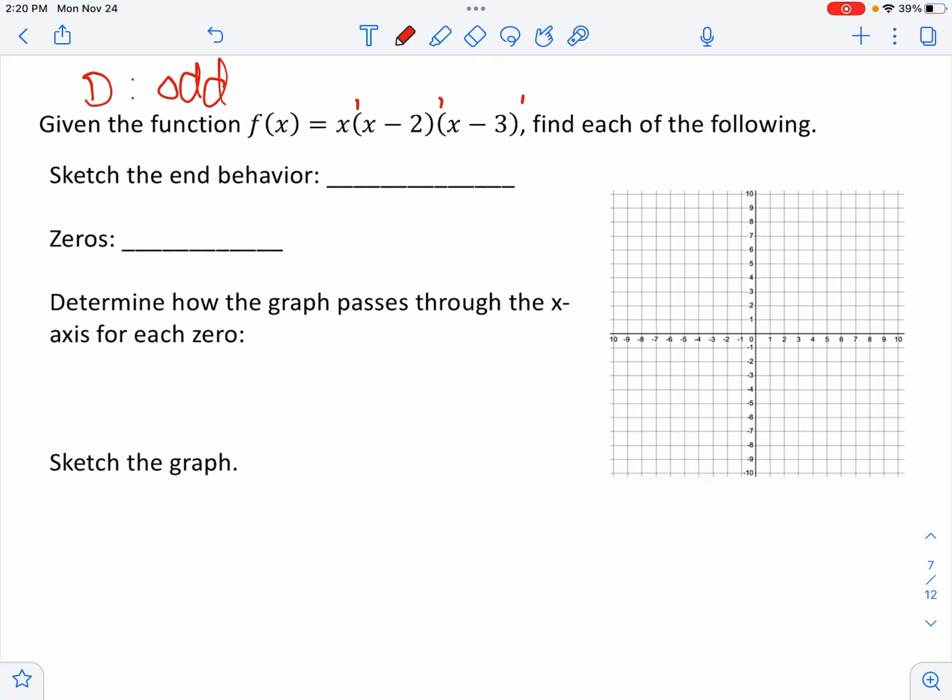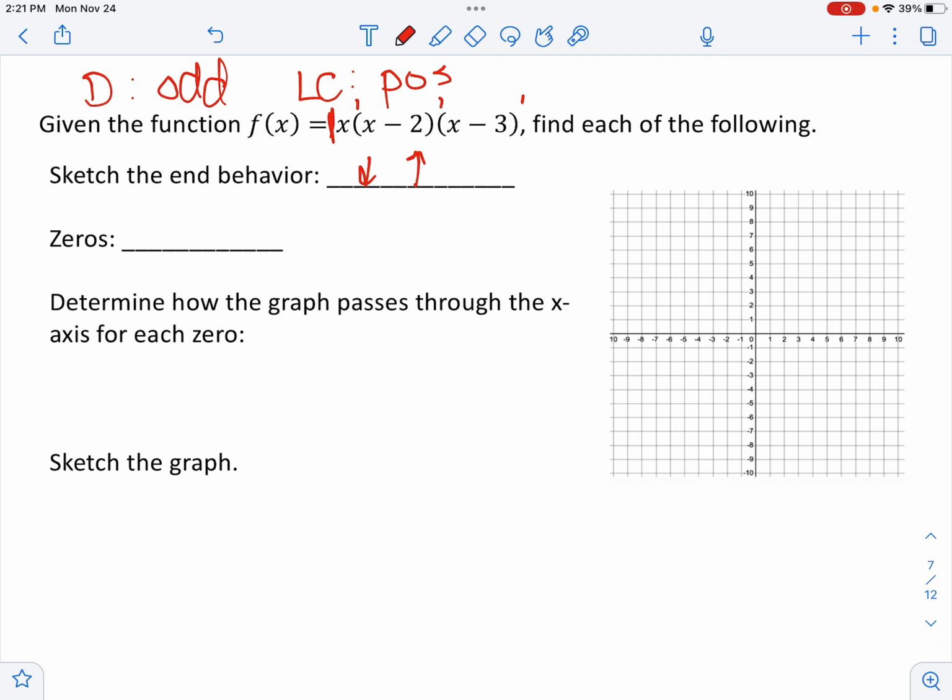And it's a degree 3, right? Odd. And my leading coefficient is right here. It's positive. So if you remember from last time, my sketch would be like this. One goes down the end, the other one goes up, if it's odd and the leading coefficient is positive. So it should look like that.